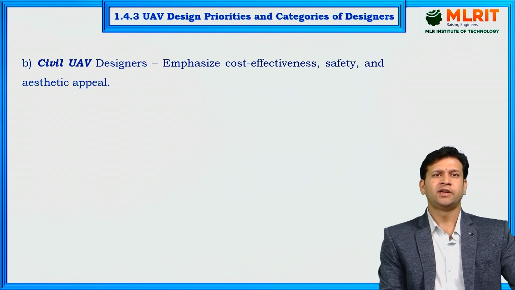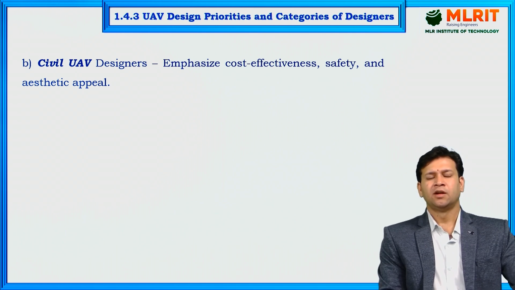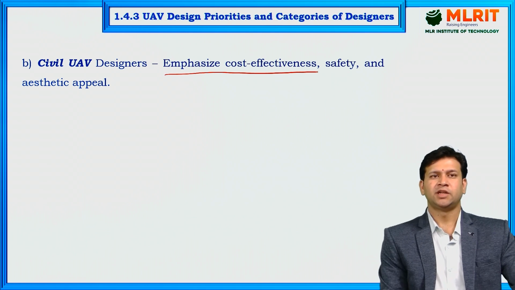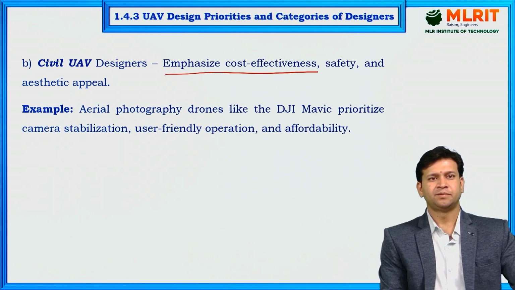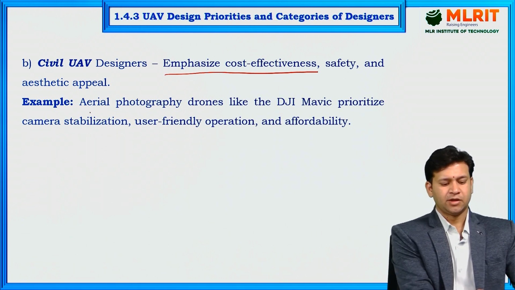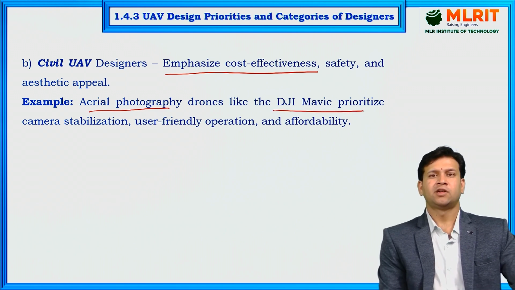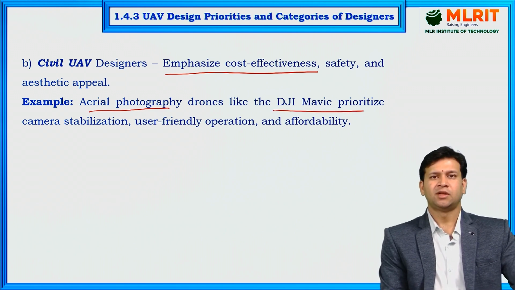The second category is civil UAV designers. Here, the designers emphasize cost effectiveness, safety, and aesthetic appeal. Example, aerial photography drones like the DJI Mavic prioritize camera stabilization, user-friendly operation and affordability.